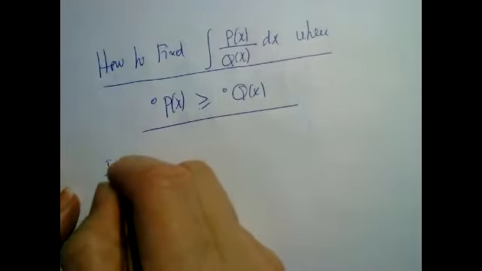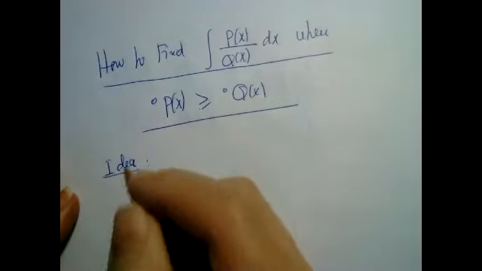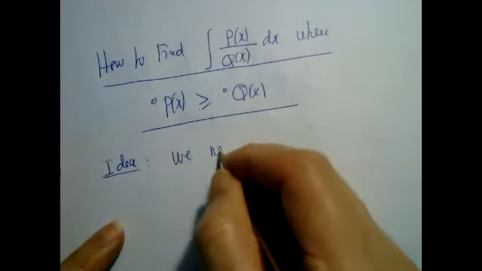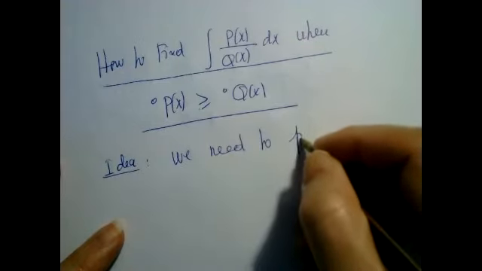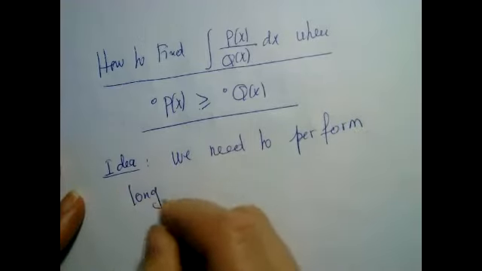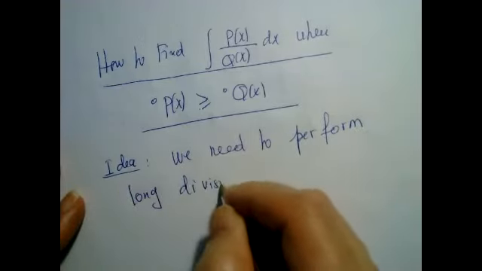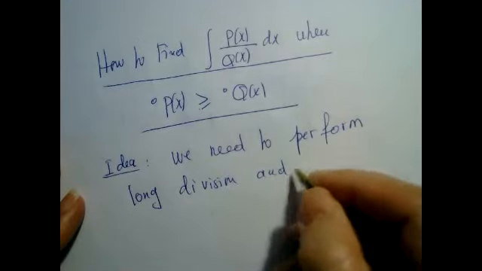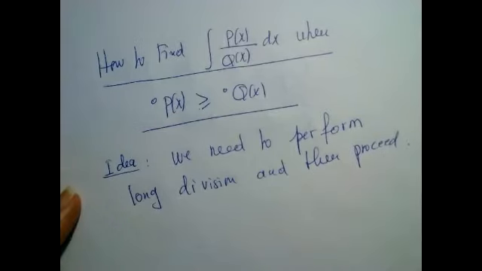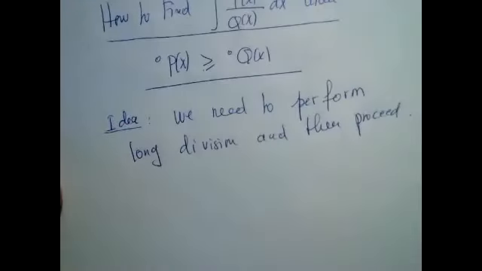The main idea is that we can perform what we call long division, and I will remind you how to do that, and then proceed. So we have to perform long division and then we proceed. Let us see how we perform long division and what the benefit of the long division is.